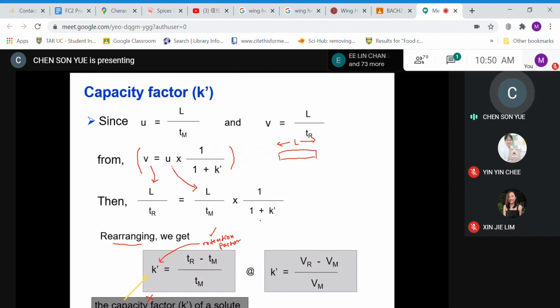And because of the relationship of the flow rate, which is F equal to V over T, we can also write k equal to VR minus VM over VM. Of course, some of you have seen all this in the tutorial. So this formula for k is quite useful, with TR and TM. This is the way we get the formula here.